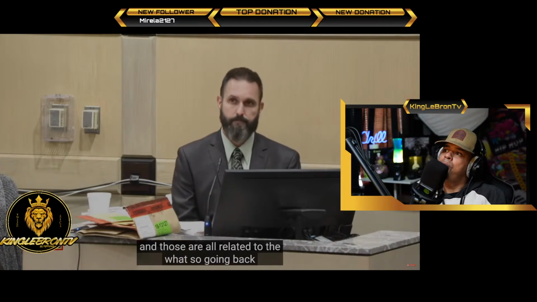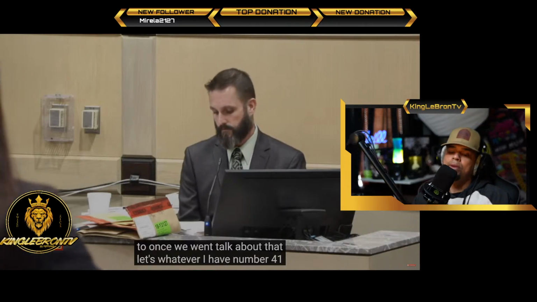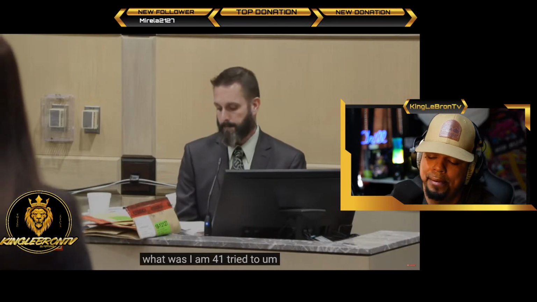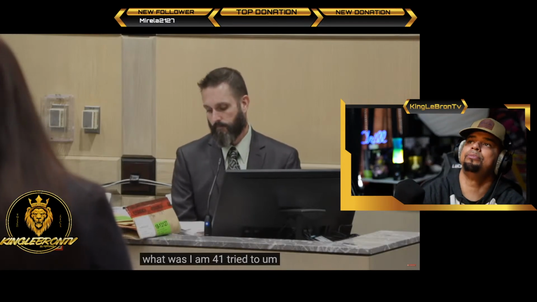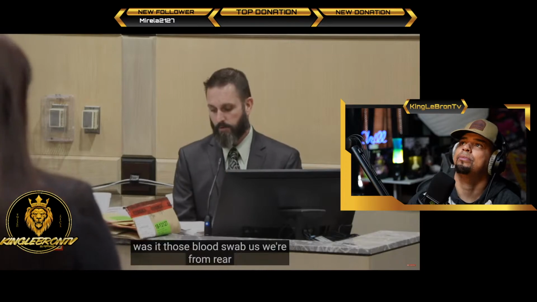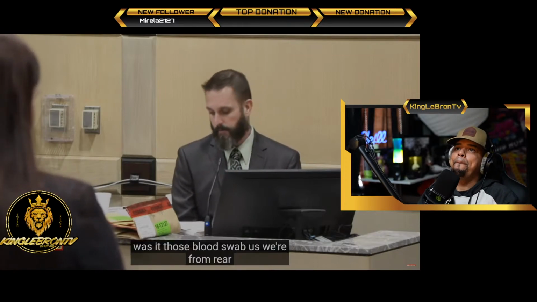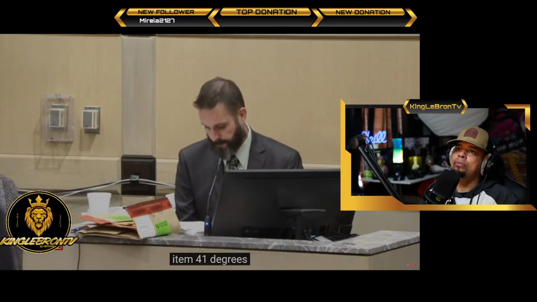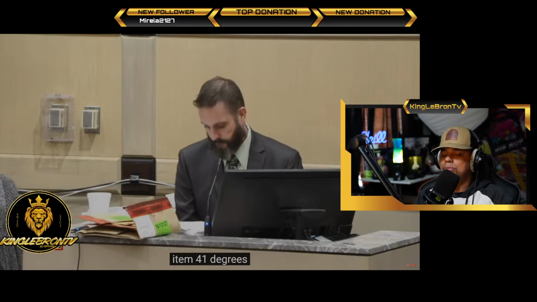Correct. So going back, once we talked about that, let's talk about item number 41. What was item 41 described to you as? It's listed as blood swab of smear from rear of driver's seat. Were you able to come to any sort of conclusion as to item 41?